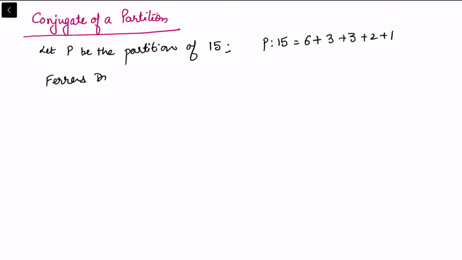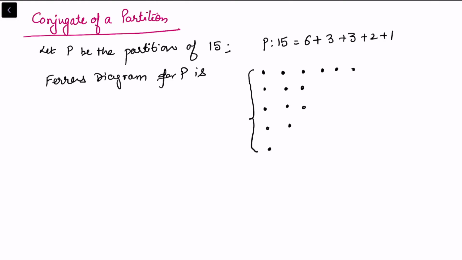So the Ferrers diagram for P is given as follows. We know that it has to be left aligned. So we can have 1, 2, 3, 4, 5, 6. This is 6 dots. Then we have 3 dots, then 3 dots, then 2, and then 1. So we have this left aligned diagram, and to find the partition we read horizontally.